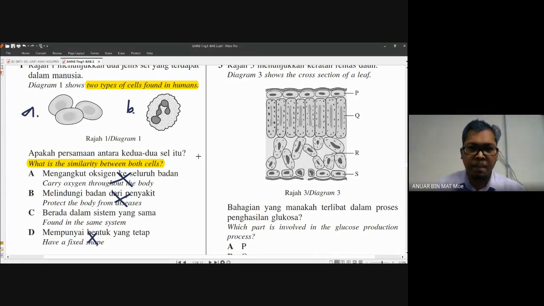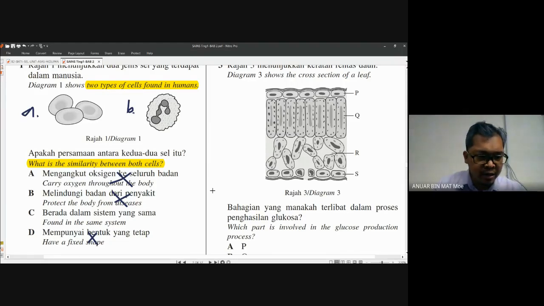So red blood cell and white blood cell are animal cells, so they have a variety of shape. Plant cell, remember, have fixed shape, but most of the animal cell have not fixed shape. Sometimes the shape of the cell is different, right?